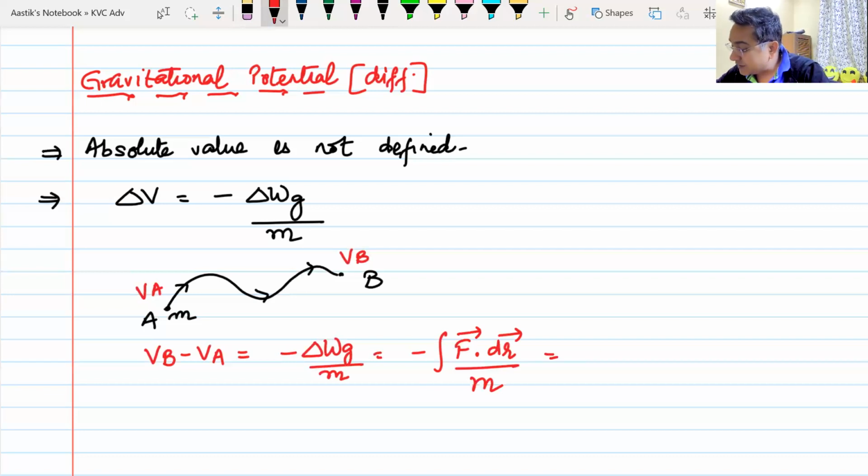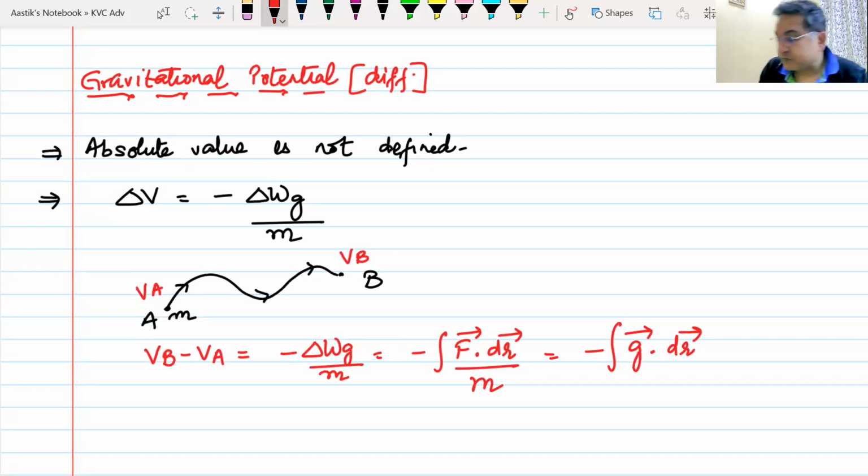But force divided by mass becomes gravitational field, so it becomes minus g dot dr. Do we understand what I'm writing here? Yes, sir. The change in gravitational potential is defined. The absolute value of gravitational potential is not defined, only change is defined.